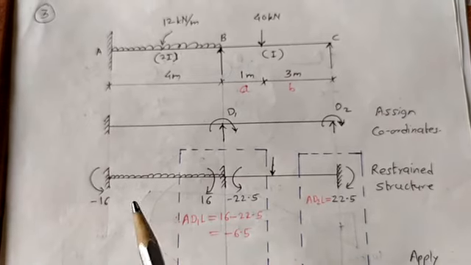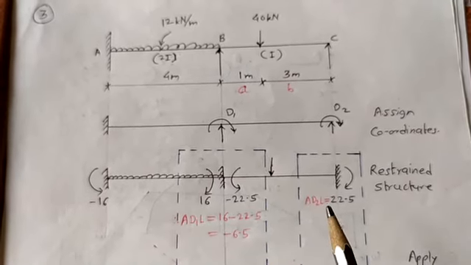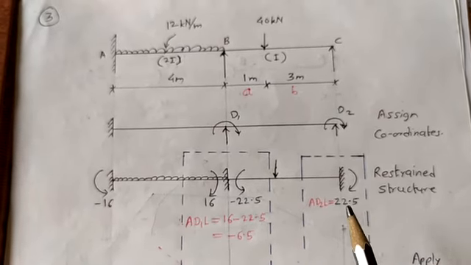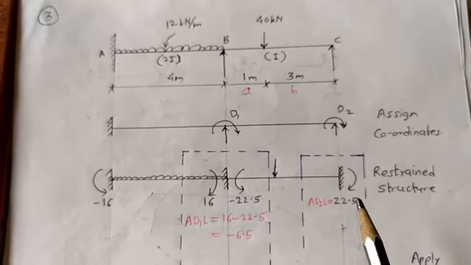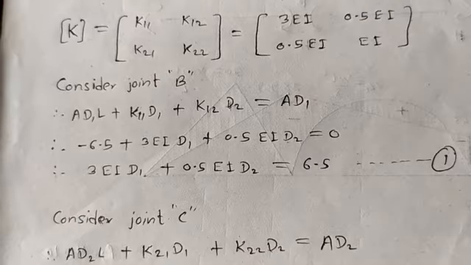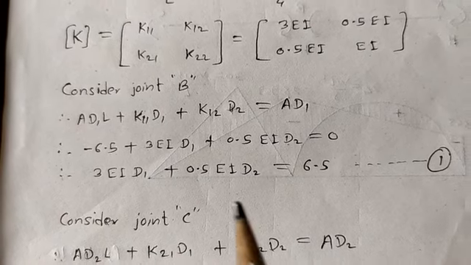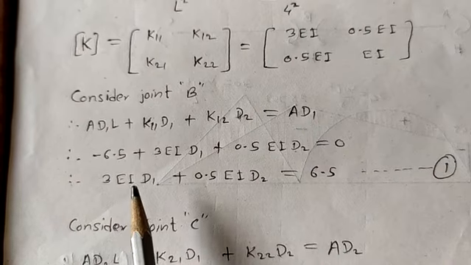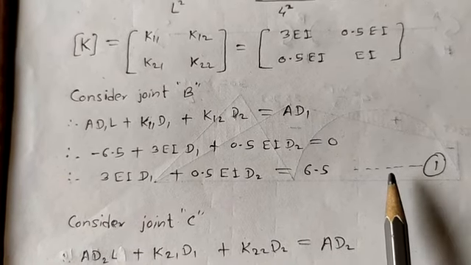This total diagram is drawn because of loading, that's why AD2L is equal to this 22.5. I have taken this as positive because it is going clockwise. Now just put the values in this equation, and we'll get the first equation.